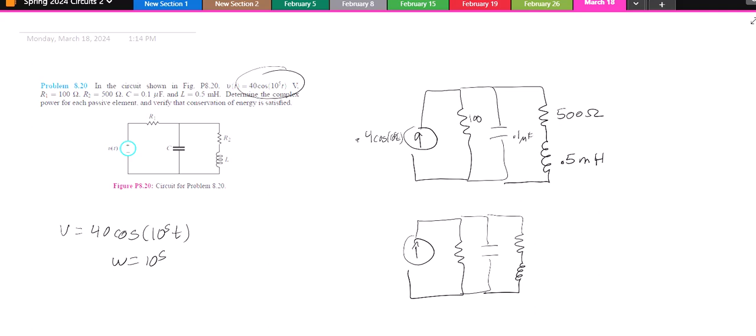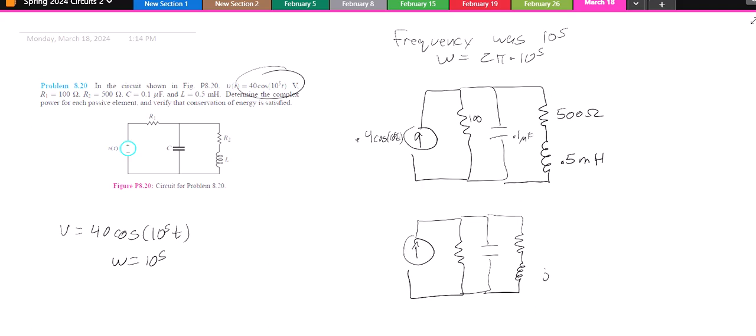Now keep in mind, if I had been told that the frequency was 10 to the 5th, then omega would be 2 pi times 10 to the 5th. But here, since I was given the equation, I was just given omega.